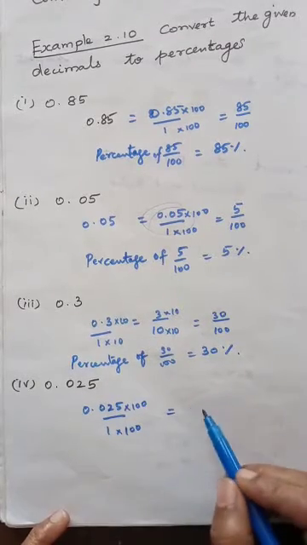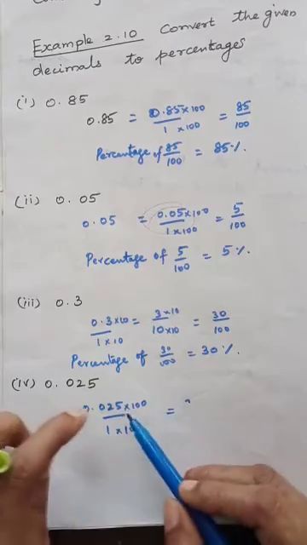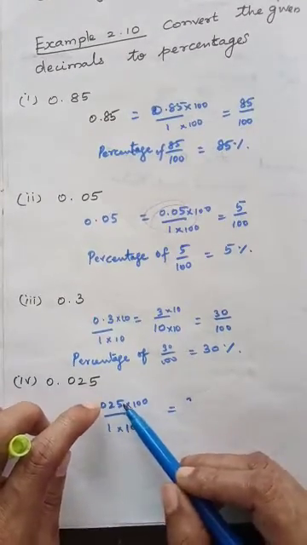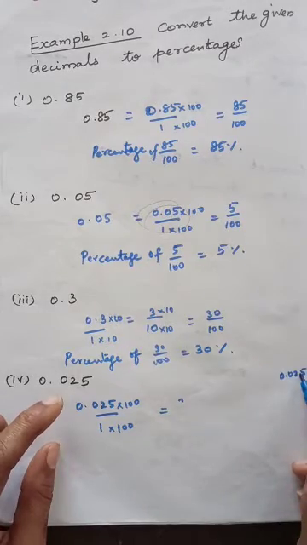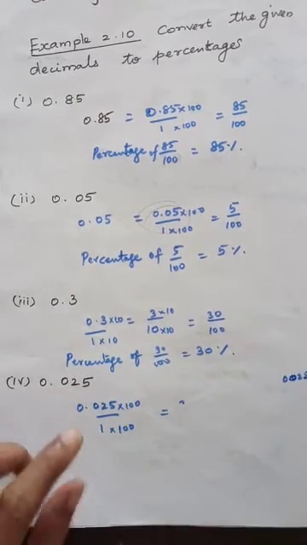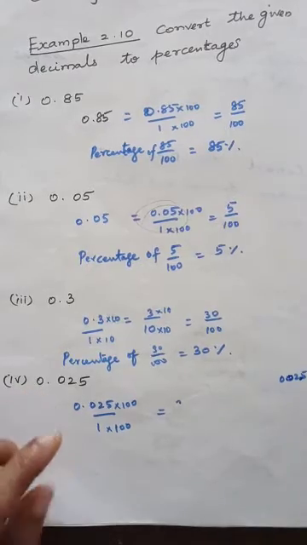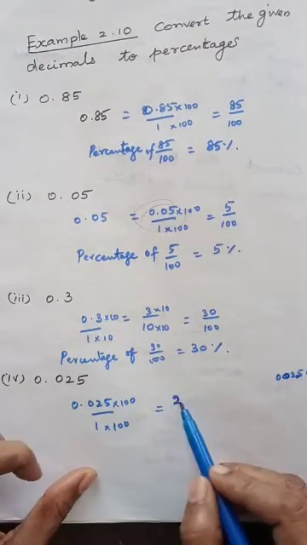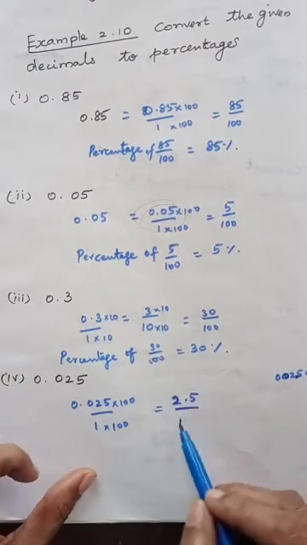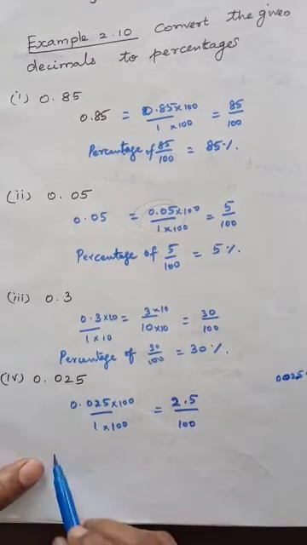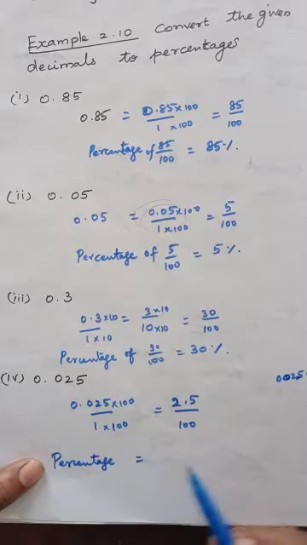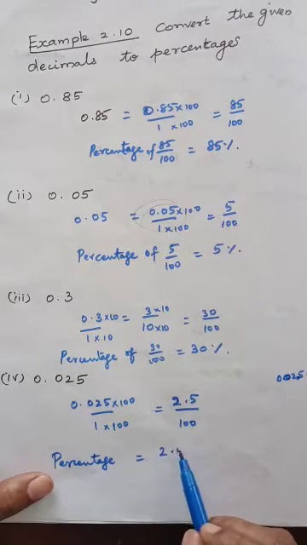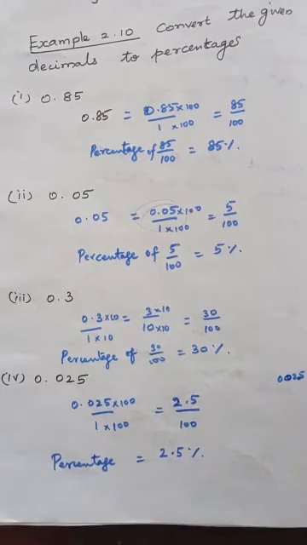So after 3 digits, 1, 2, 3, you have to keep the point. So the answer is 2.5 by 100. Now the percentage is equal to 2.5 percentage.